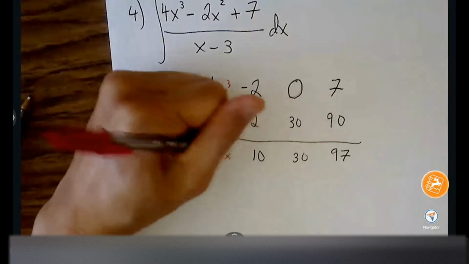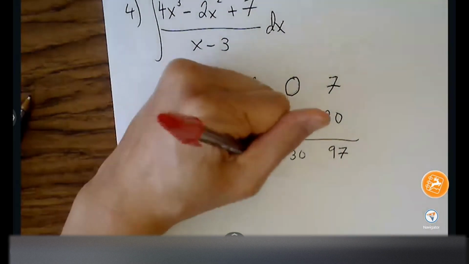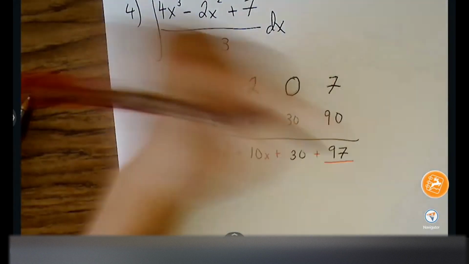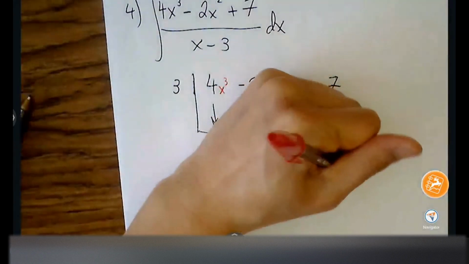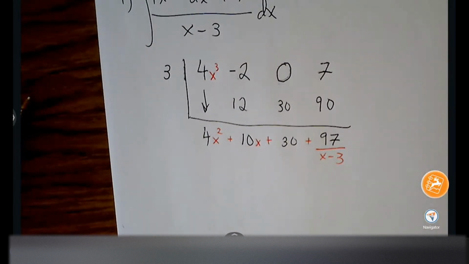X squared. And every term is going to fall by 1 degree. X squared, followed by x, followed by the constant, and then finally remainder. Okay, is that what you guys got? Okay.